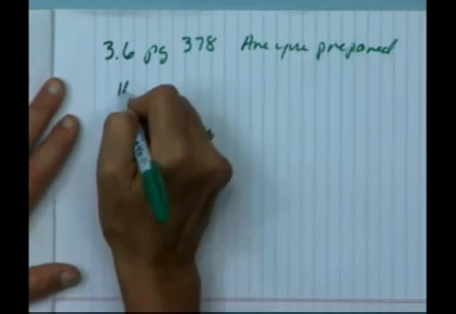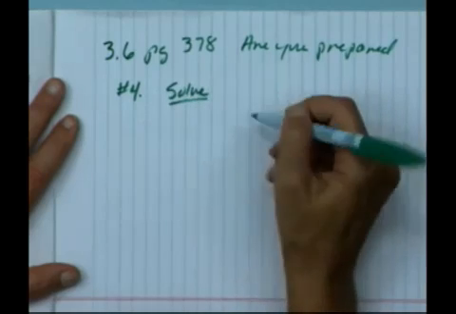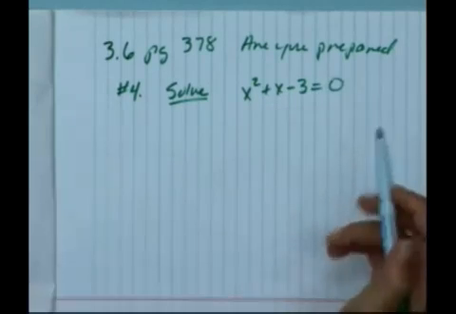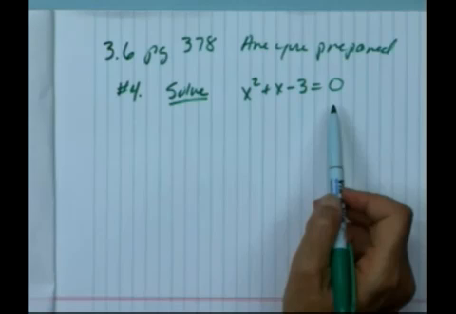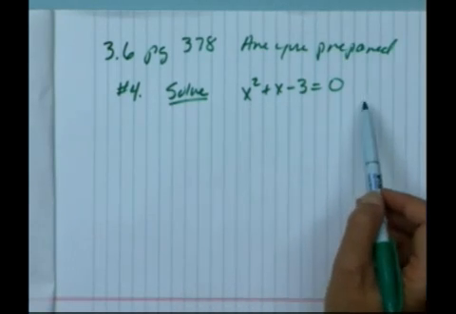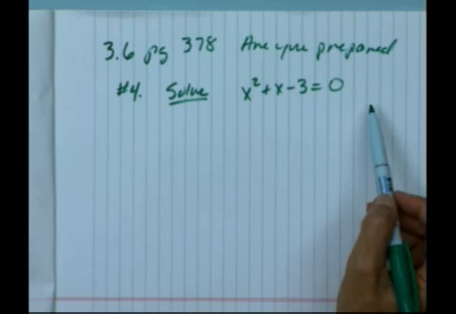All right, number 4. We're supposed to solve the equation x squared plus x minus 3 equals 0. Notice this is an equation. Would you call this a quadratic equation or a quadratic function? Equation.